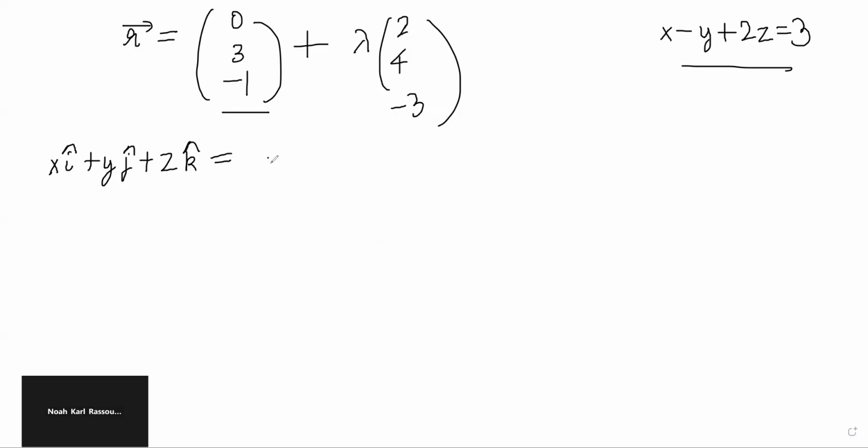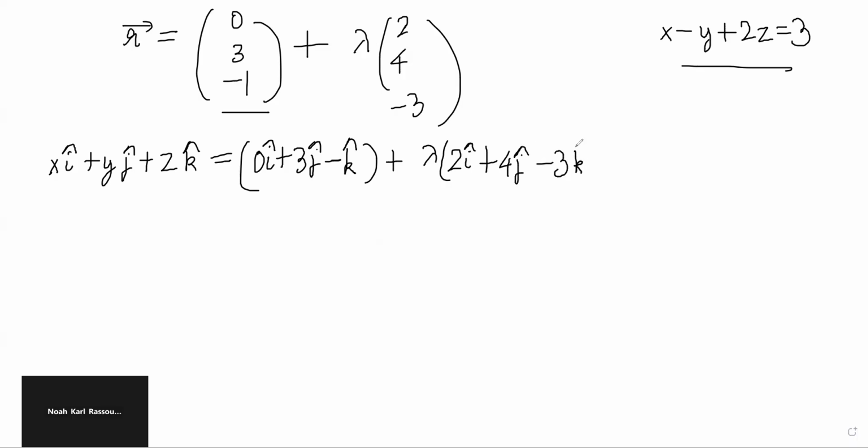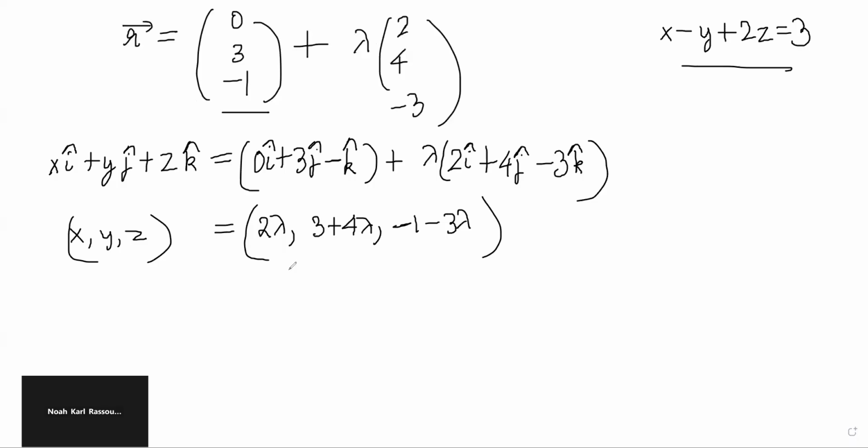So 0i plus 3j minus k plus lambda into 2i plus 4j minus 3k. So we are getting x and y and z, our points on the line will be 2 lambda, 3 plus 4 lambda, and minus 1 minus 3 lambda, right? These are my x, y, z random points on the line, correct?